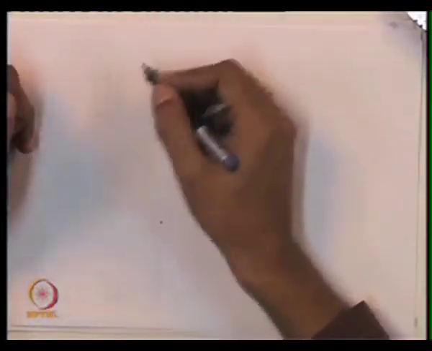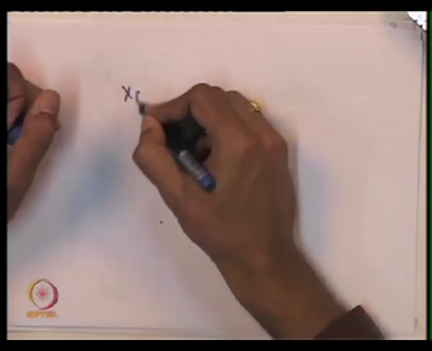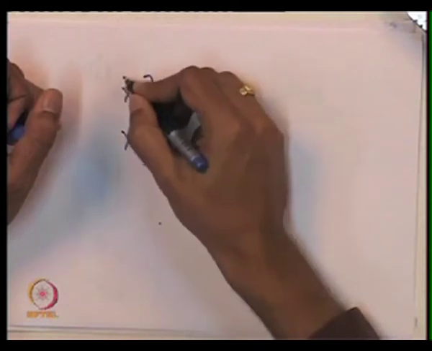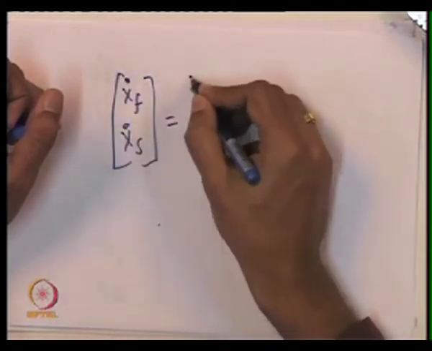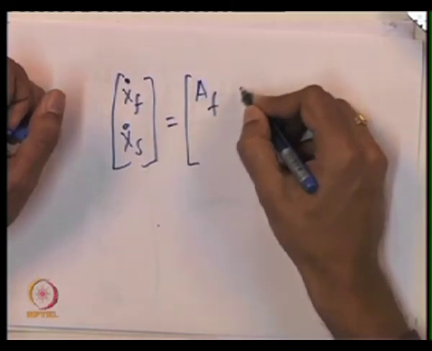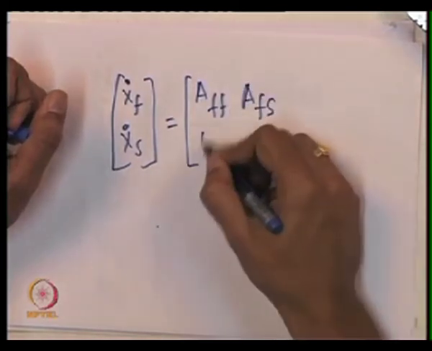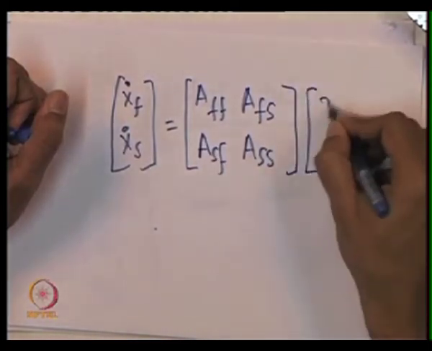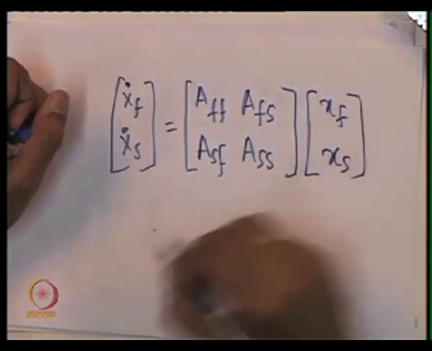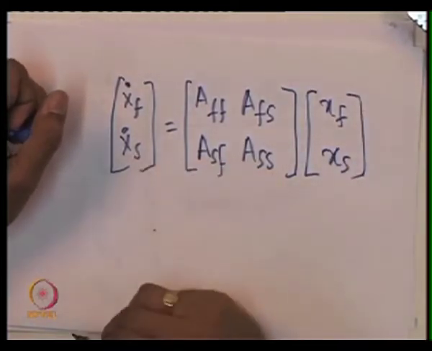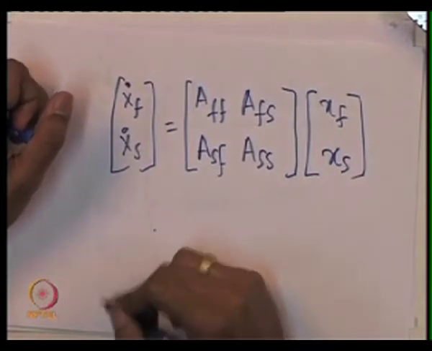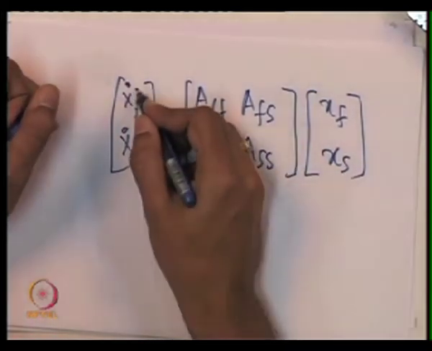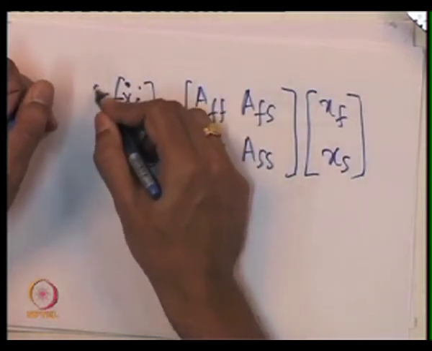We had discussed this issue of fast and slow states, and one of the things I told you is that if you have a system consisting of fast and slow states, x fast and x slow, then one can actually get the response of the slow states without much error if one assumes that you can set this equal to 0.